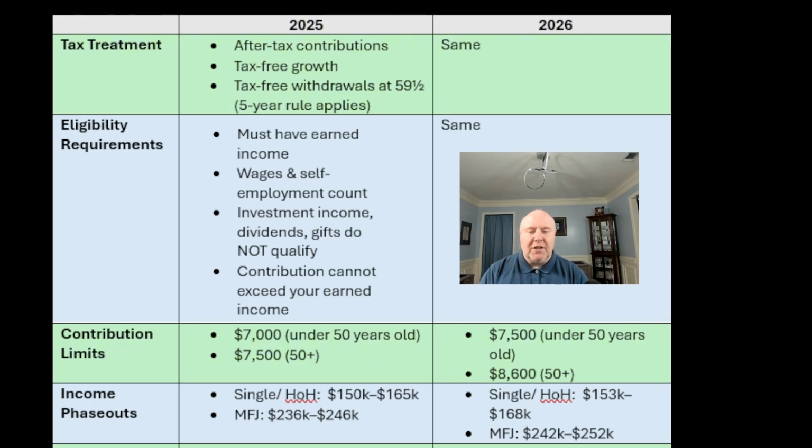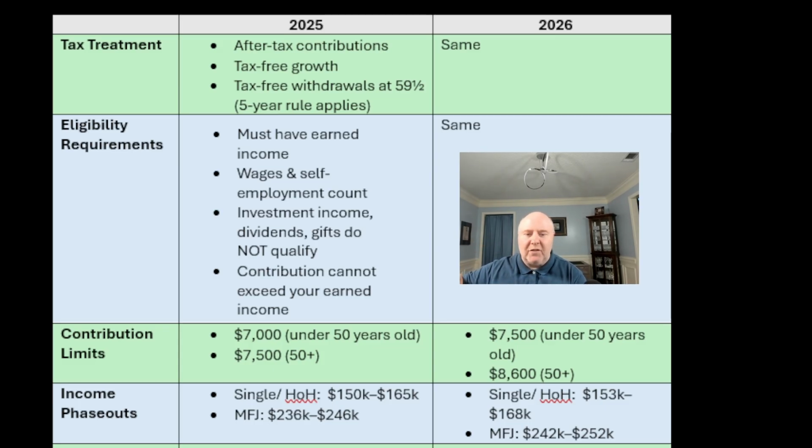But our income phase out amounts for single and head of household are 150,000 to 165. So what does that mean? That means if you make under $150,000 and you're single or your filing status is head of household, you can take that full $7,000, assuming you have the earned income of at least $7,000. You can take the full thing.